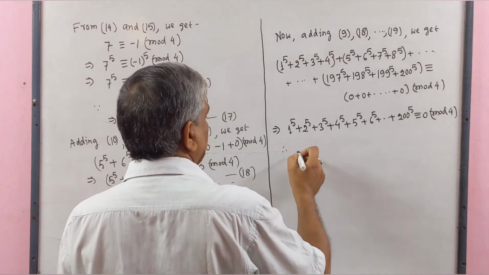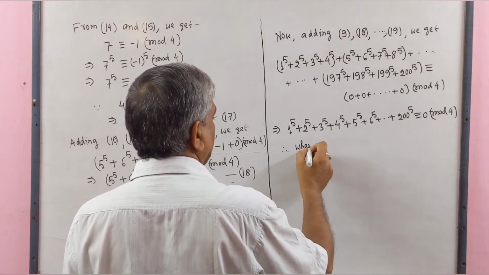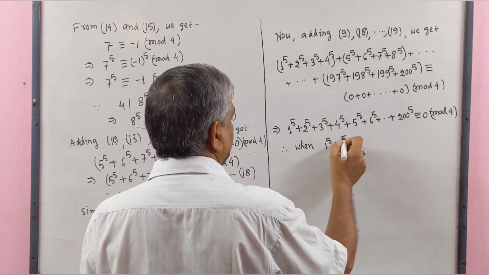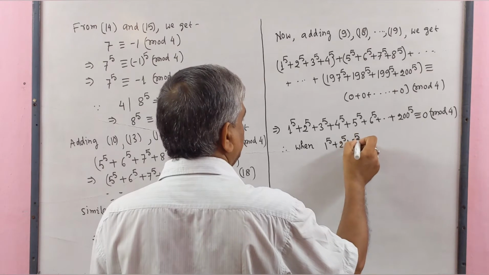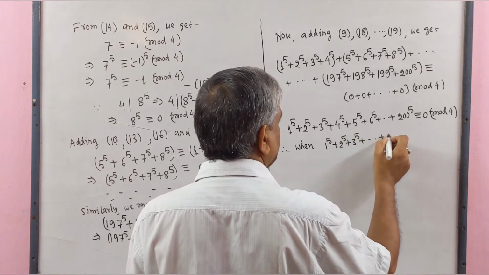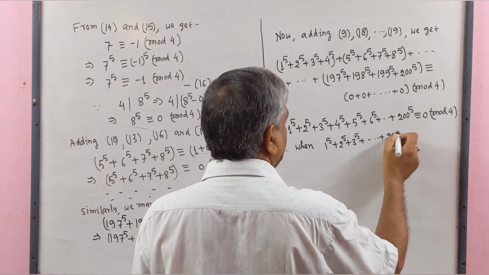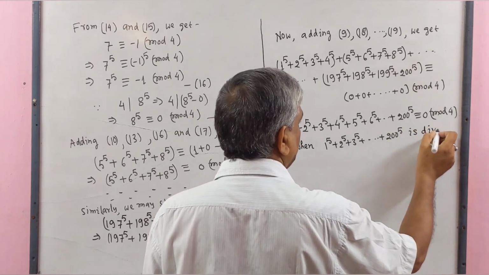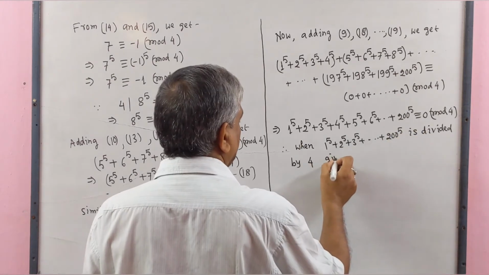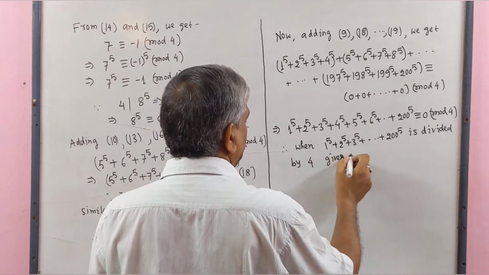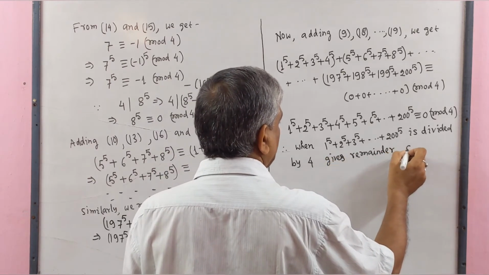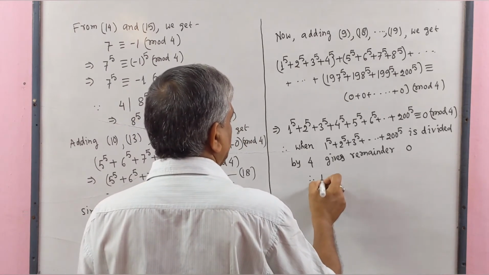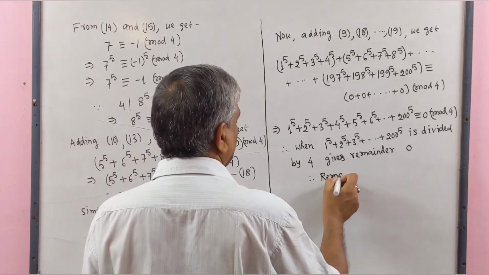Therefore, when 1 to the power 5 plus 2 to the power 5 plus 3 to the power 5 plus and so on, plus 200 to the power 5 is divided by 4 gives remainder 0. Therefore, remainder equal to 0.